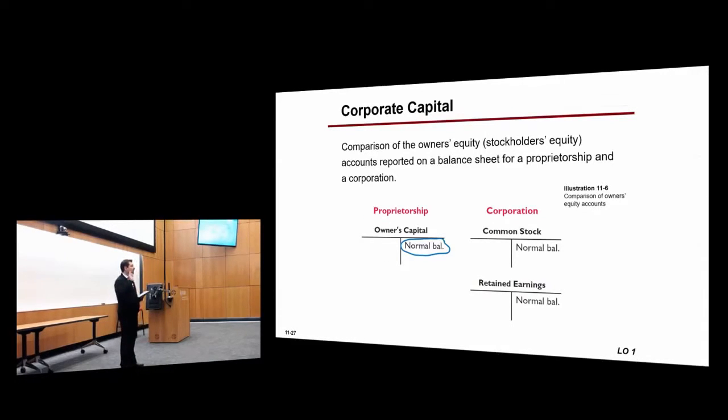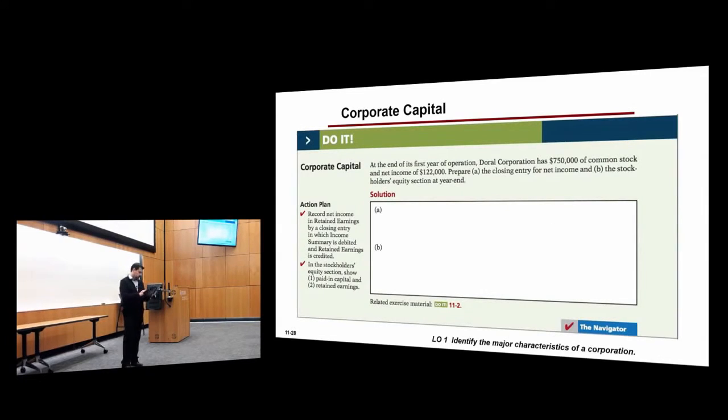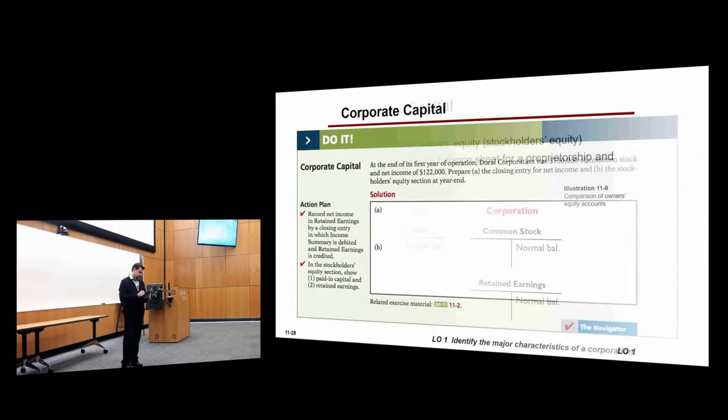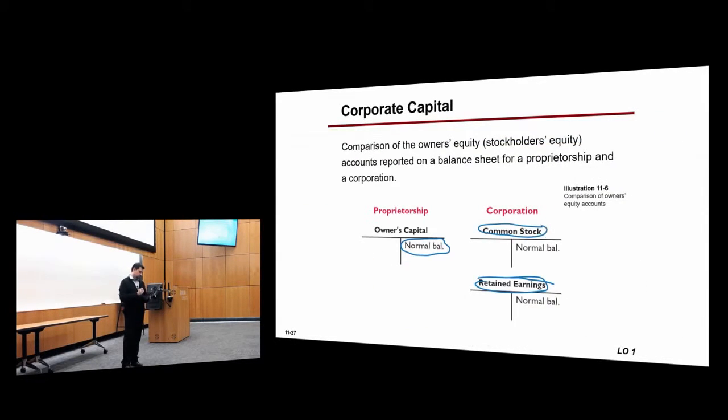For companies, they have two: retained earnings and common stock. So for corporations, it's separate between paid-in capital and retained earnings. You have to understand the difference.